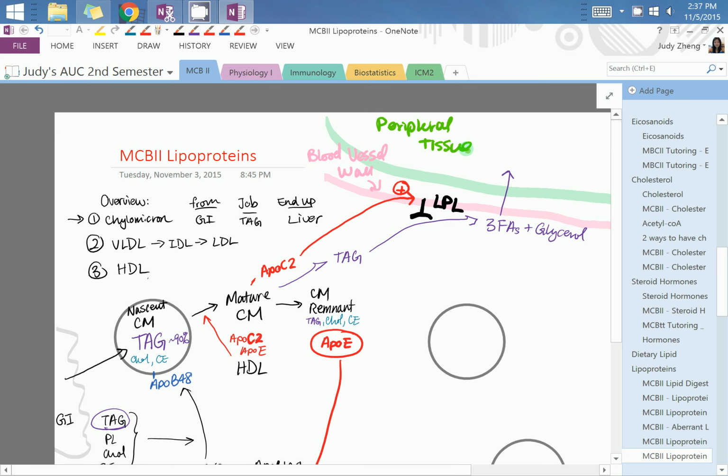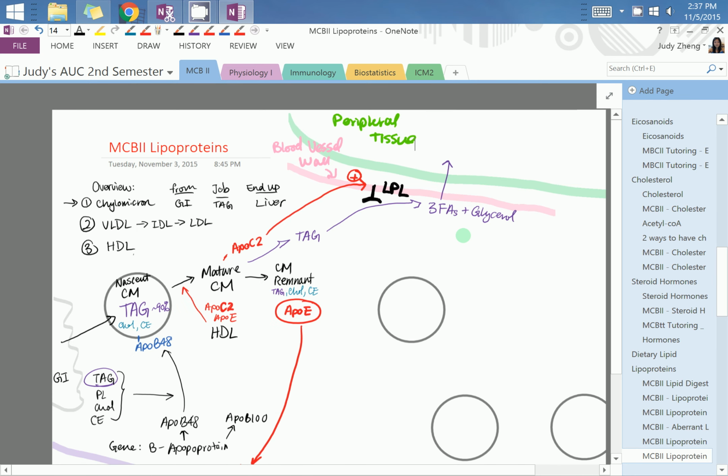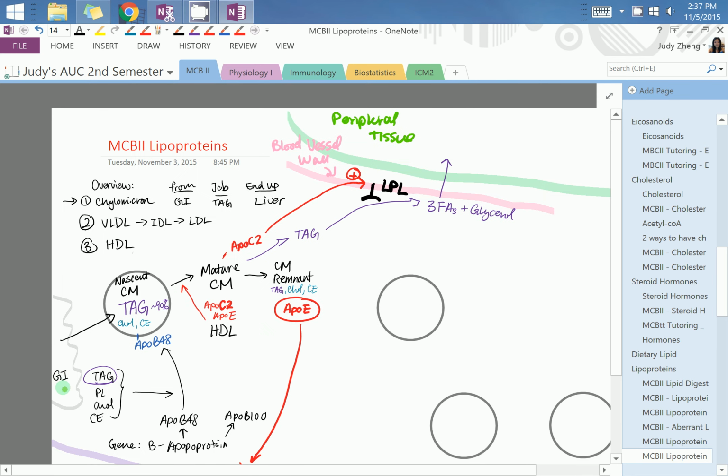Okay, so just to recap this whole pathway, chylomicrons came from the GI. First, they are nascent chylomicrons, and they only have an ApoB48 and lots of triglycerides. Then they require a few apoproteins from the HDL, so C2 and E. After it's acquired those apoproteins, it becomes a mature chylomicron.